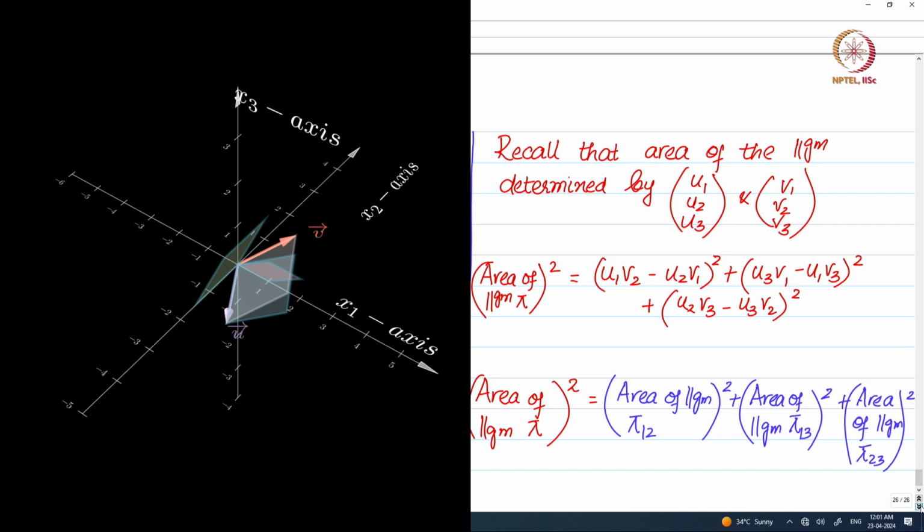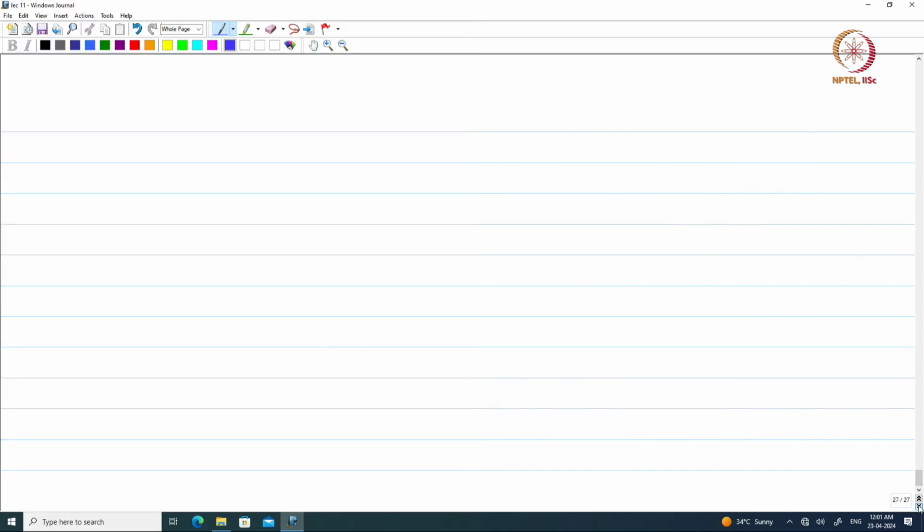This is pretty interesting because we just had the total area, the area of the parallelogram pi.